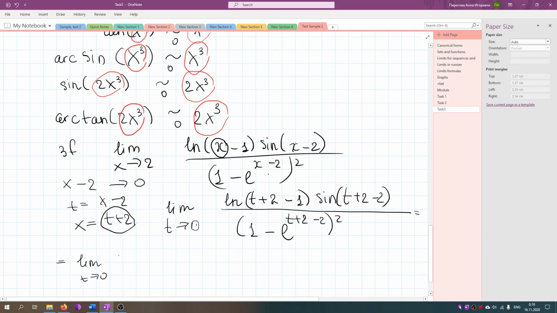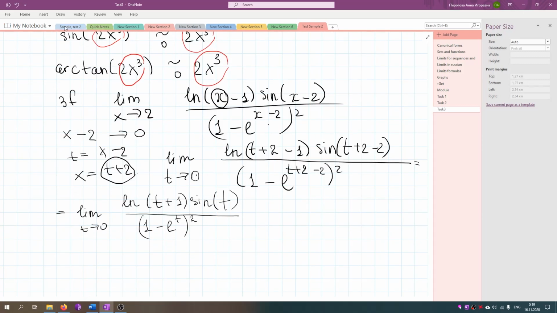So natural logarithm of 2 minus 1, that is 1, sine, and 2 minus 2 will be 0, so just t, divided by 1 minus e in the power of t, squared.